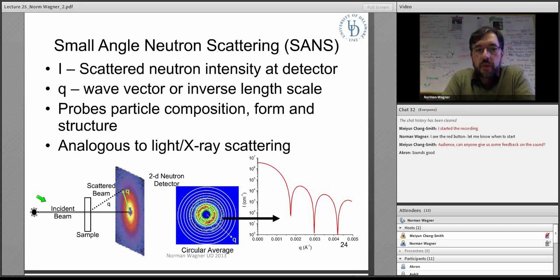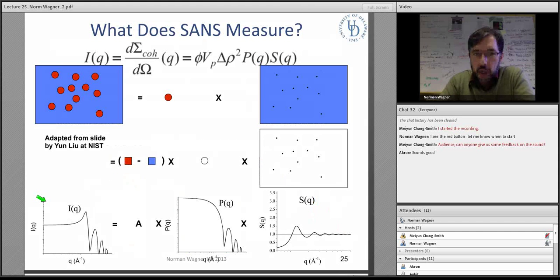So, of course, you know about small angle neutron scattering, and I won't belabor this point. But what does SANS measure? For a particulate system, such as a paint or a toothpaste or a clay, you can imagine that you have scattering that comes from a form factor, which corresponds to the shape and size and polydispersity of the particles.